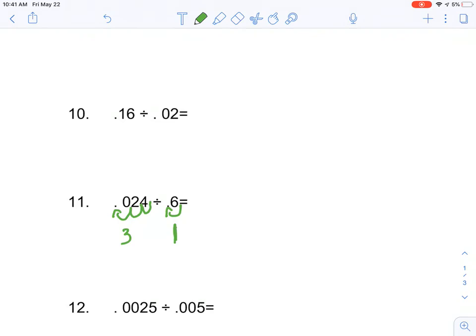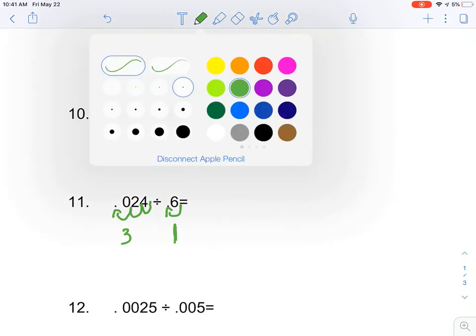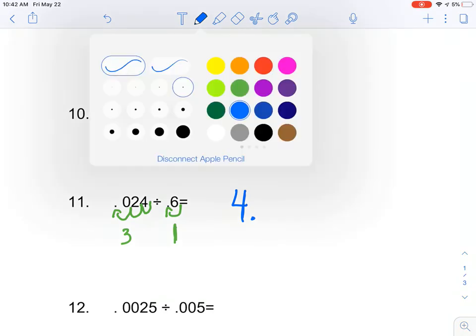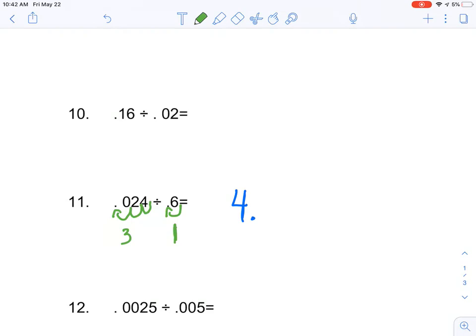Oh, I forgot a quick important step. We always start with our basics. So 24 divided by 6 we know equals 4, right? Now the decimal place always starts behind the number. So we have 3 and 1 for our decimal places for the divisor and the dividend. So what do we do now? Because it is a division problem, instead of adding the decimals, we subtract them.